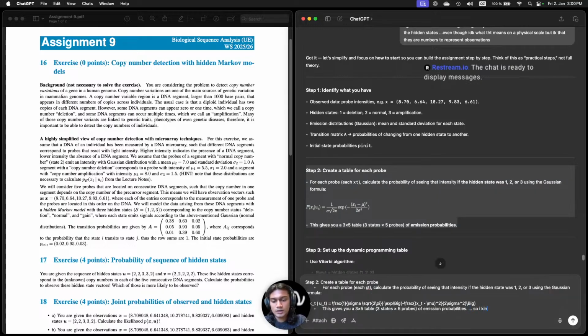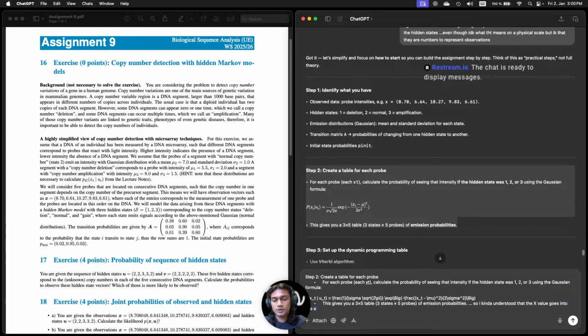So I kind of understood the value goes into this equation, but what's the t? Also, if you could, can you do one example of the resulting matrix?